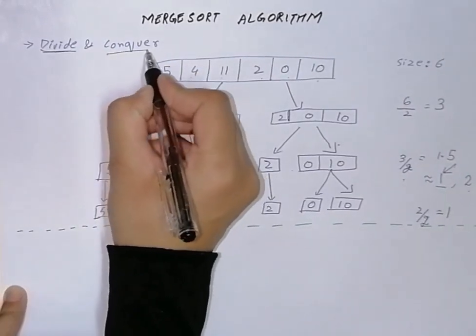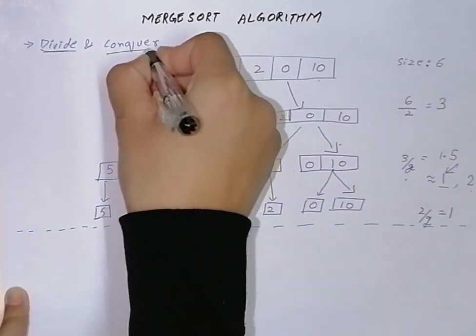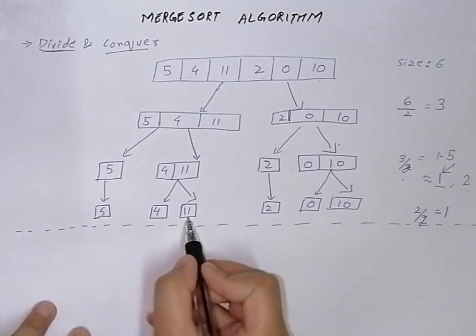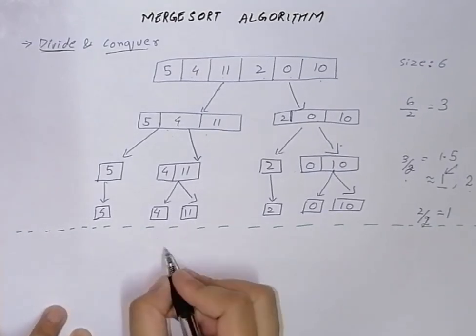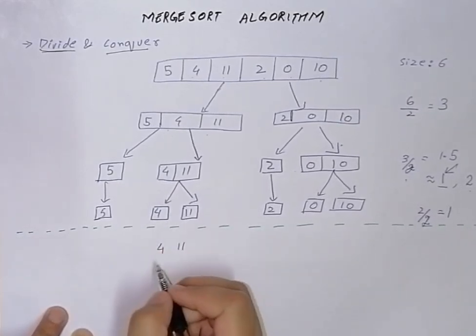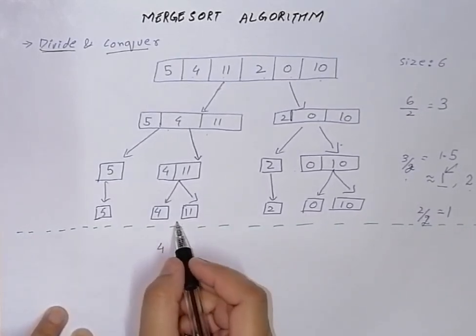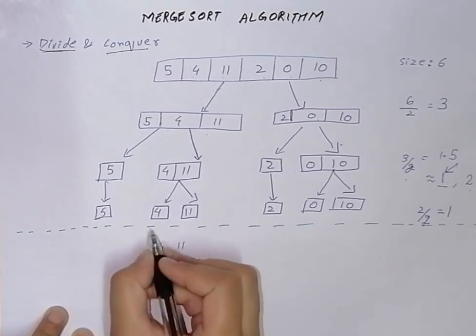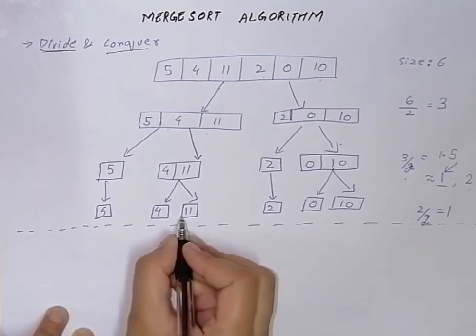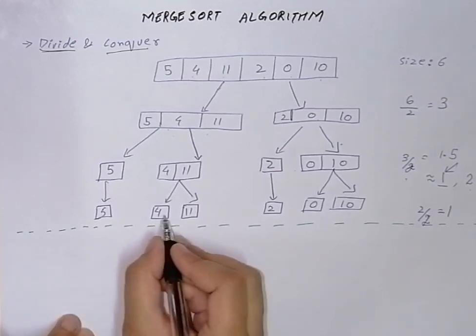Now we will move towards the conquer part. How conquer works is, we try to create an array of size this plus this. So we come up with 4 and 11, these two, and we compare their values. The array that will be created here would have size 1 plus 1, 2, and we will compare these two values.